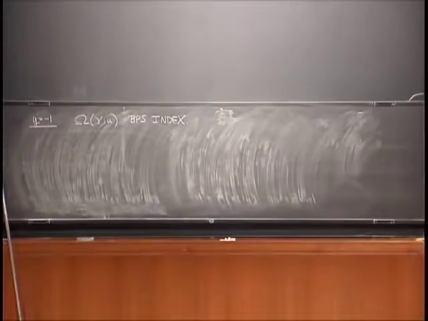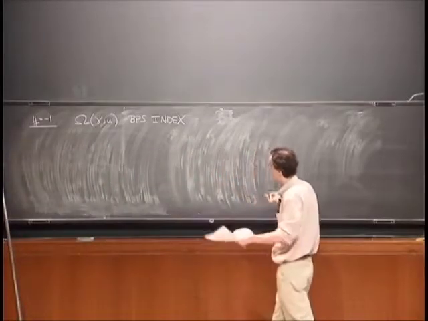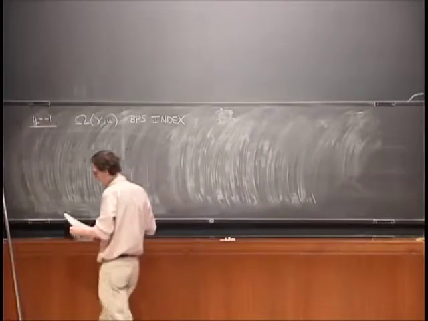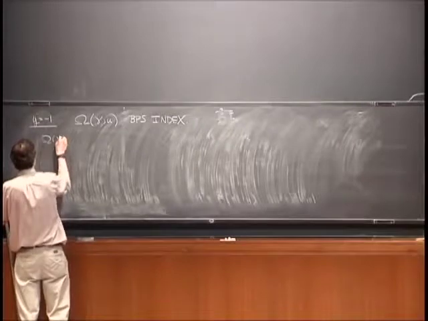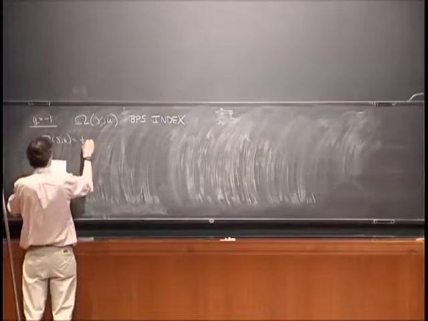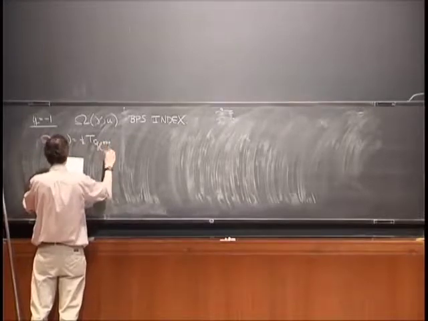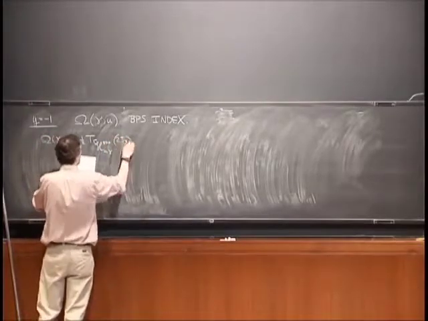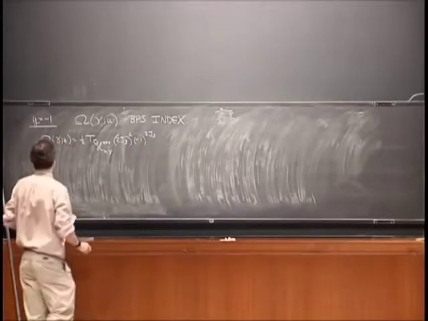And this is an index. It's just a number. It's not a function of y, but it's an index, and it is available in supergravity as well as field theory. And it can be intrinsically defined, this is a little exercise for you, as half the trace over the BPS subspace of (2j3)^2 minus 1 to the 2j3, and it has a name.